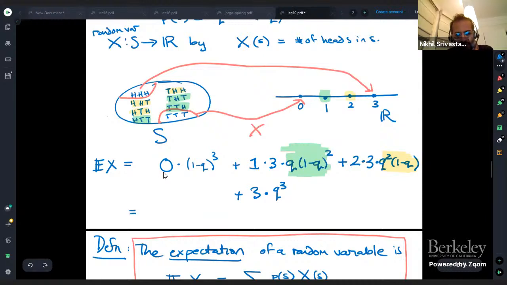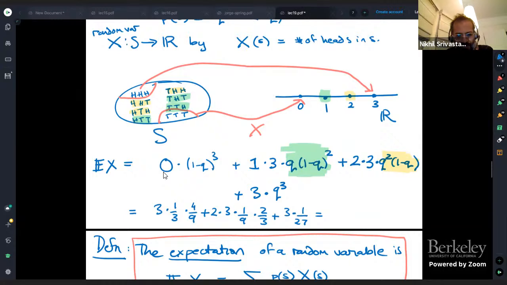So the 0 term doesn't do anything. You get 3 times 1/3 times 4/9 plus 2 times 3 times 1/9 times 2/3 plus 3 times 1/27, which is, I don't know, what is that?